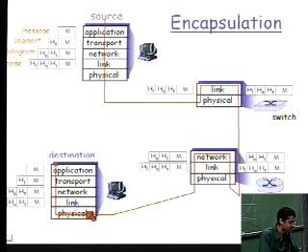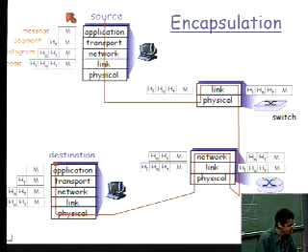That is received by the destination, and each layer in the destination will then strip off the particular headers and recover the message which was destined for the application. So this whole process is called encapsulation.